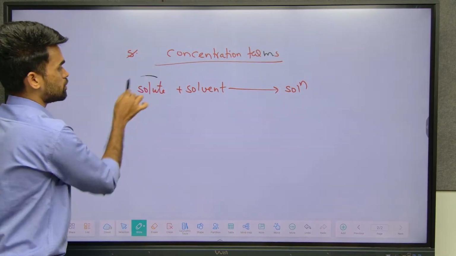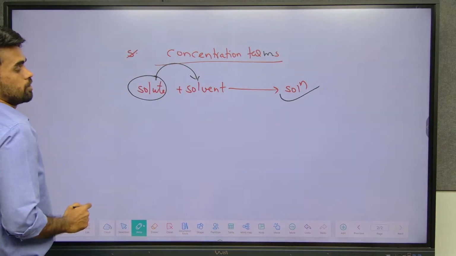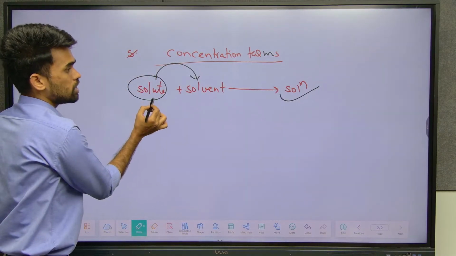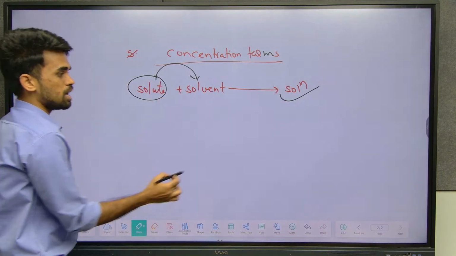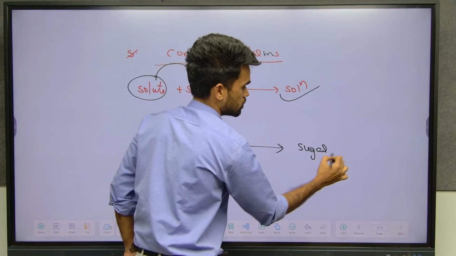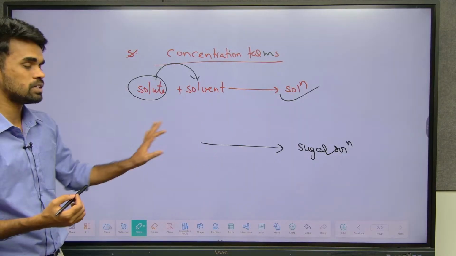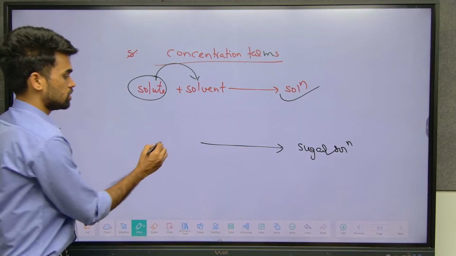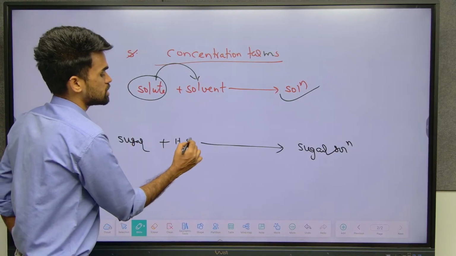We mix solute in the solvent to make the solution. How can you identify solute and solvent in a given solution? For example, I am making a sugar solution. For this purpose, what are the two things we require? Sugar and water. Which is solvent, which is solute?